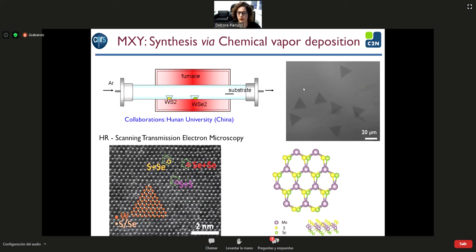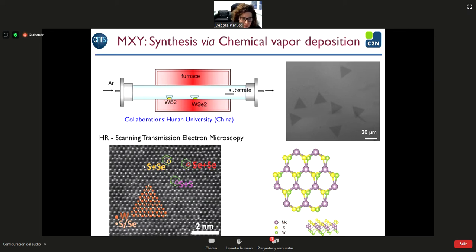The typical flakes we obtain with this technique are triangular, and most of them are monolayer. With atomic scanning transmission electron microscopy, we are also sensitive to the atomic number contrast.